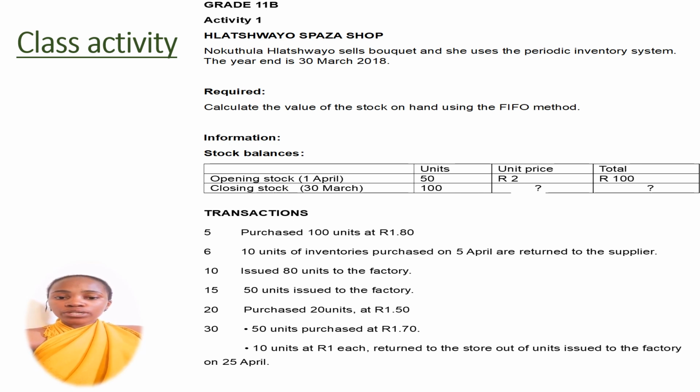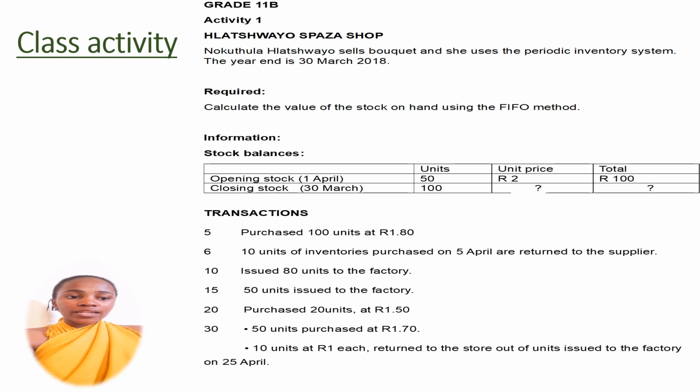And when we opened our books on the 1st of April 2017, we had an opening stock of how much? Of 100 Rand, right? We want to know how much stock we were left with after all the transactions were accounted for.